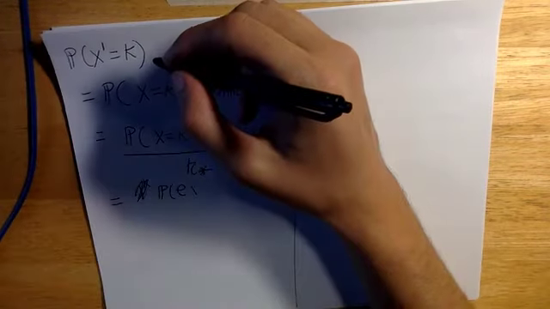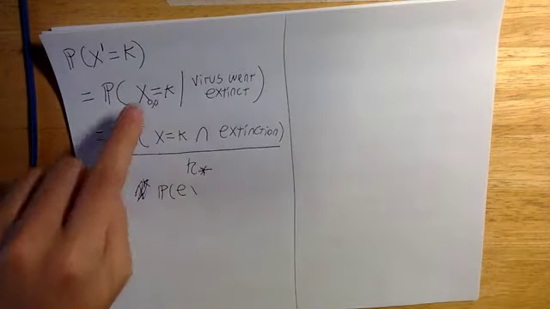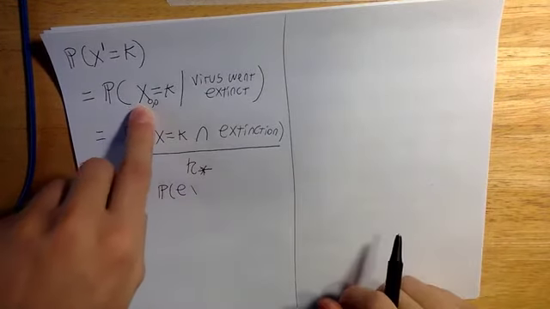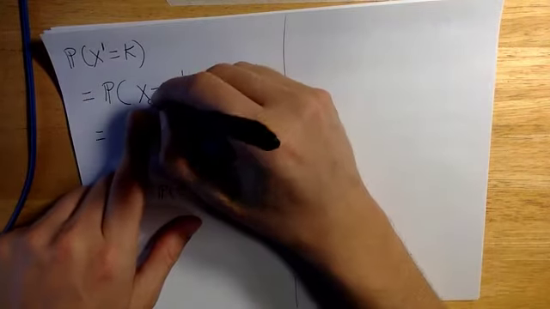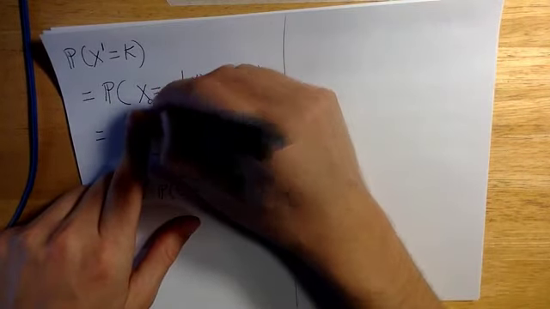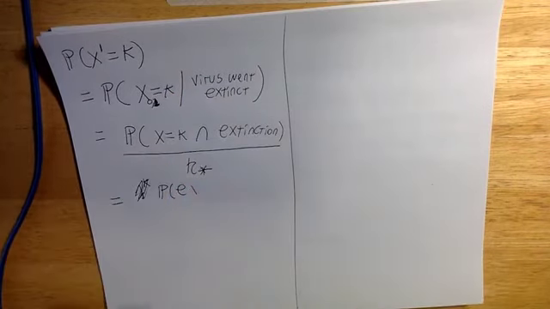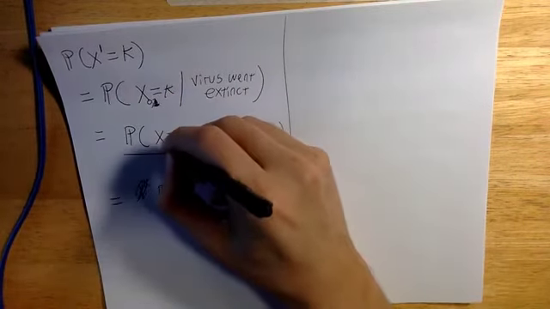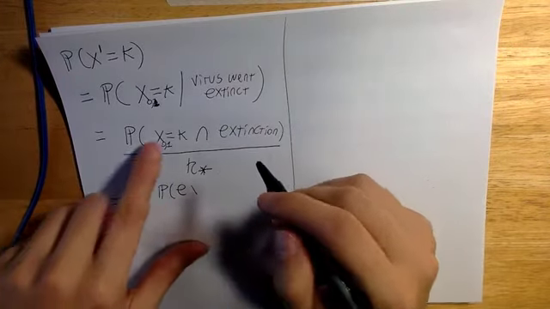So here, let's say this is X_0, so this is the first person, patient 0. How many people did patient 0 infect, X_{0,1}? So how many people did patient 0 infect, given that the virus got extinct? So now we can think of it as the intersection.